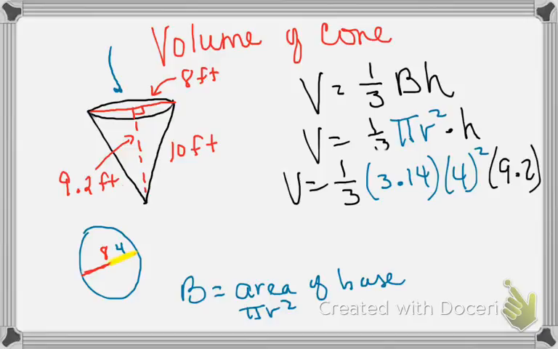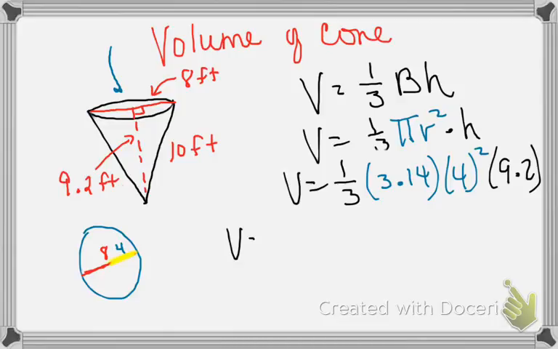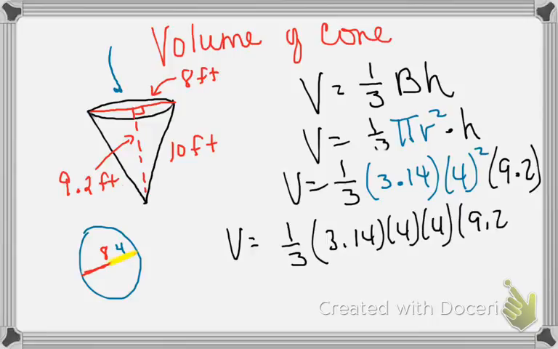Here are some good strategies that you might want to use. I try to make it as simple as possible when I'm telling my students what to do here. For the volume, I would multiply all of this first. So I'm just going to show you what I do. I put 3.14 times 4 times 4 times 9.2.